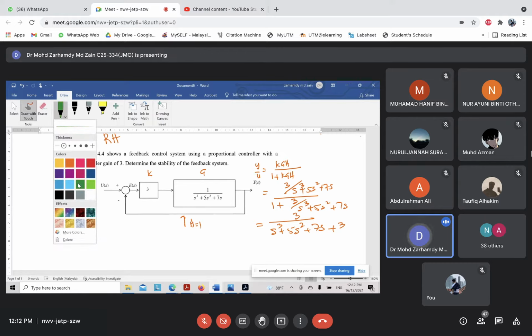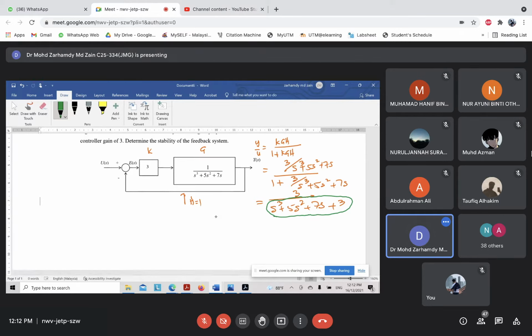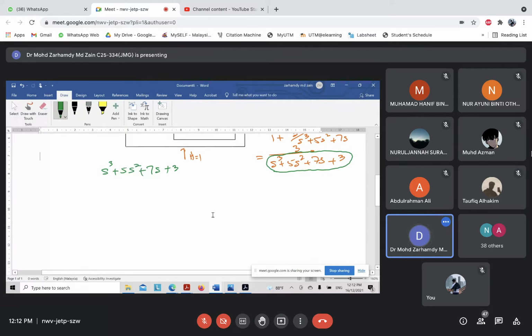We only use this as the reference to analyze our system condition. So from here we have S cubed plus 5S squared plus 7S plus 3. So what do we do?